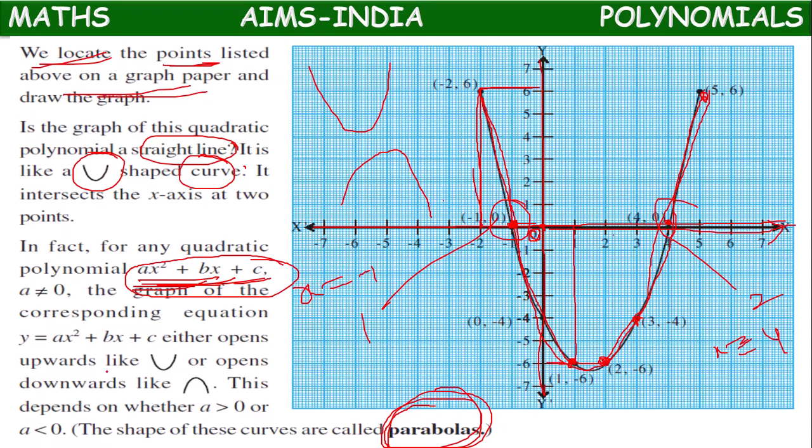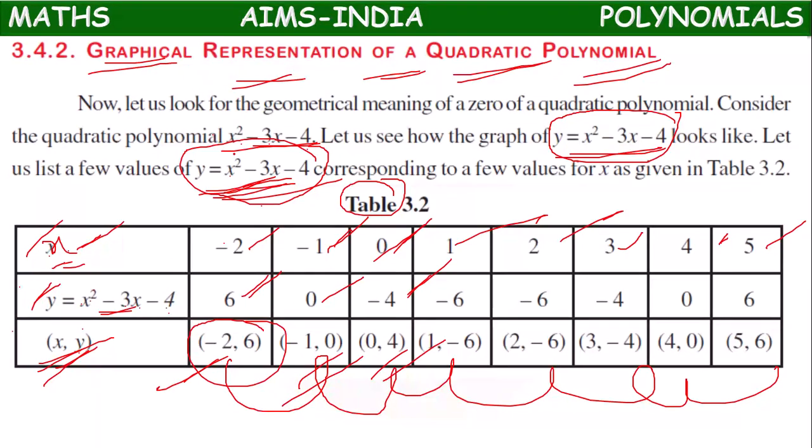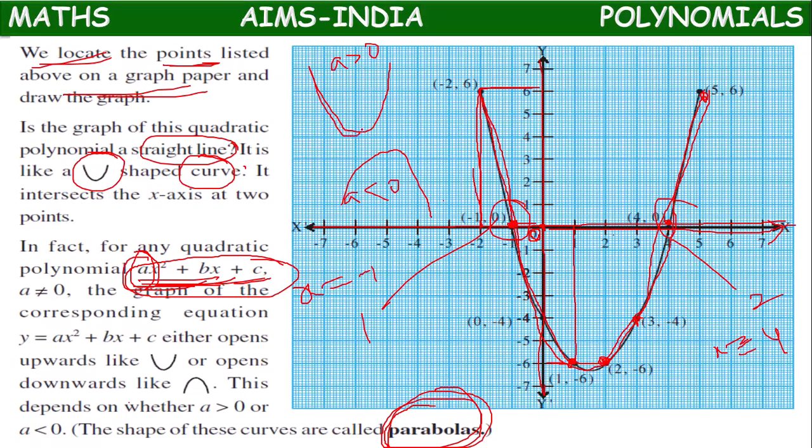It depends on the a value, the x square coefficient. If a is greater than 0, they open upwards. If a is less than 0, they open downwards. These are parabolas. This parabola intersects the x-axis at 2 points, x equal to -1 and x equal to 4.